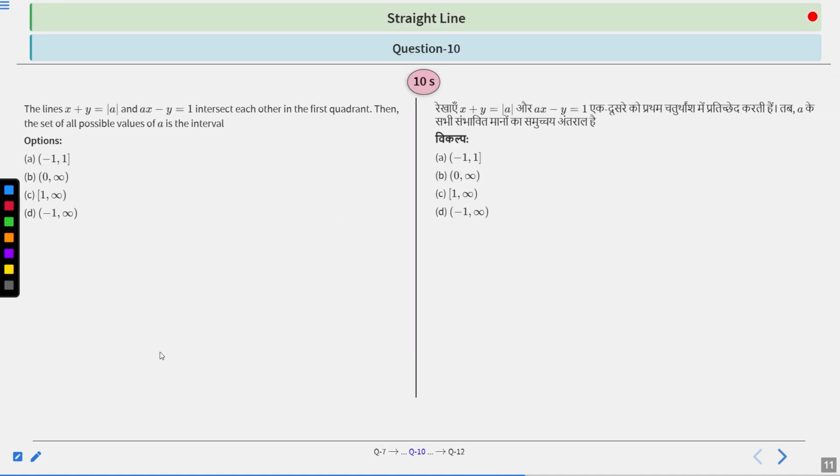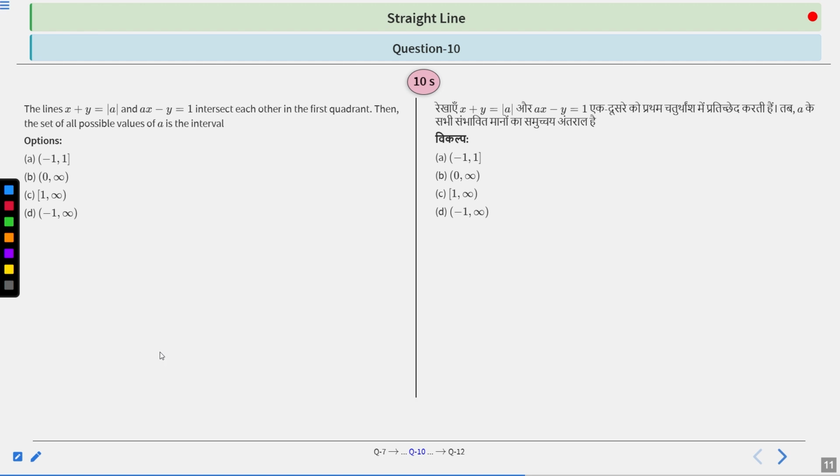Question number 10 says the lines x plus y is equal to mod a and ax minus y is equal to 1 intersect each other in the first quadrant, then the set of all possible values of a is the interval. So what you have to do basically, you are given the lines x plus y is equal to mod a and ax minus y equal to 1.